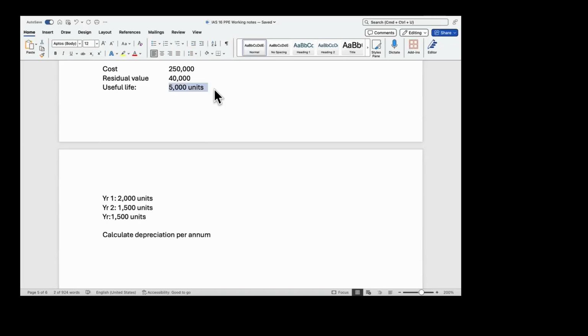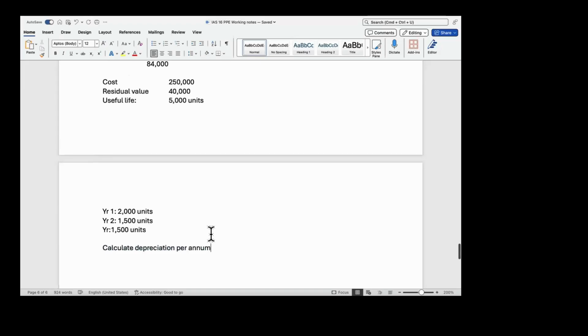And you will find that in your exams too. They give you the useful life in units. It now says that in year one, 2,000 units. In year two, 1,500 units. In year three, 1,500 units. You're now asked to calculate depreciation per annum. Right? So how do we do this?